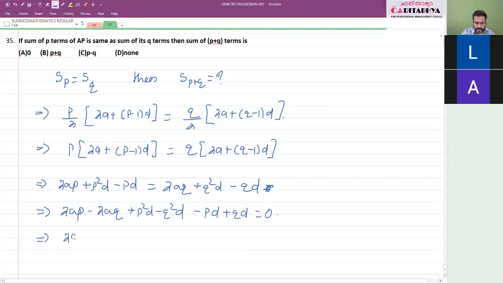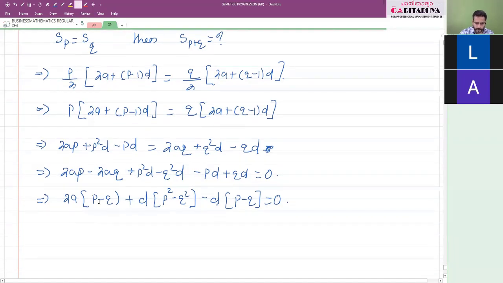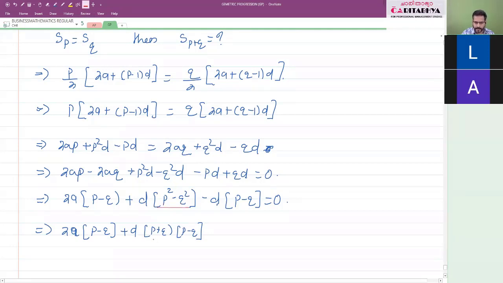Taking 2A common, we get P minus Q; taking D common, P square minus Q square; taking minus D common, P minus Q. This can be written as 2A into P minus Q plus D into P plus Q into P minus Q, using the A square minus B square format, A plus B into A minus B. Then minus D into P minus Q equal to 0.